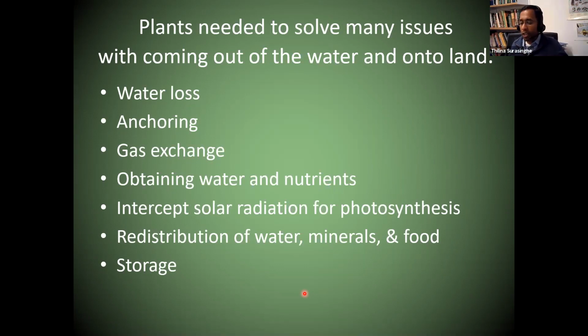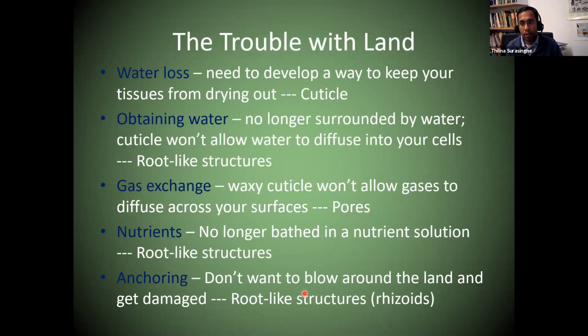So they need some sort of a network, a redistribution system, a transportation system to distribute matter and energy. And last but not least, storage, right? If you cannot always absorb stuff as needed, you need to have a mechanism to store the food you produce, to store the water that you absorb, to retain the minerals you absorb, right? So the need for storage becomes an important concern.